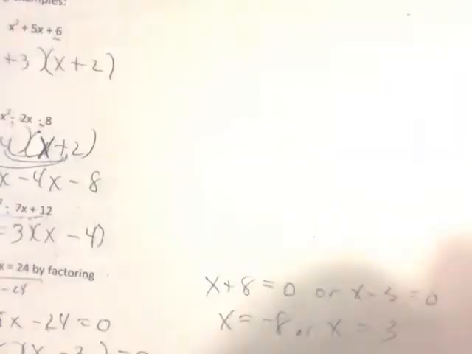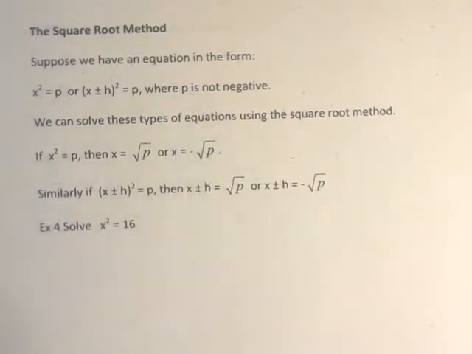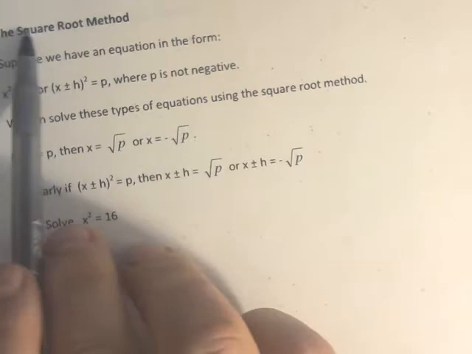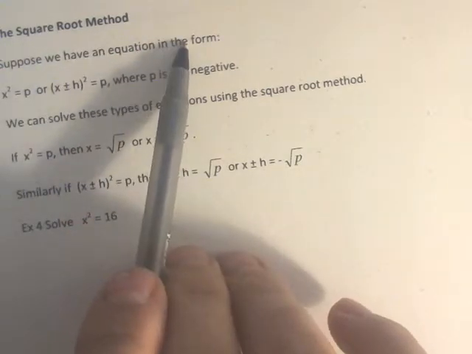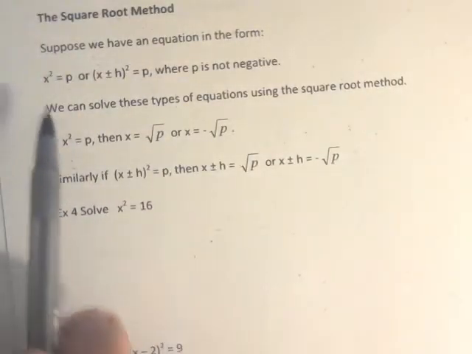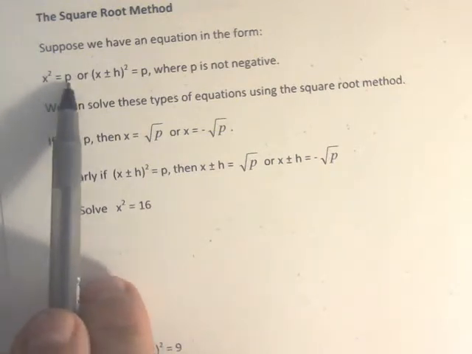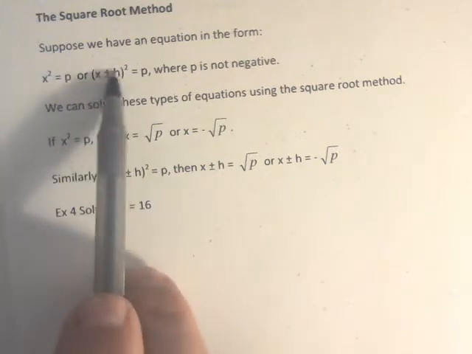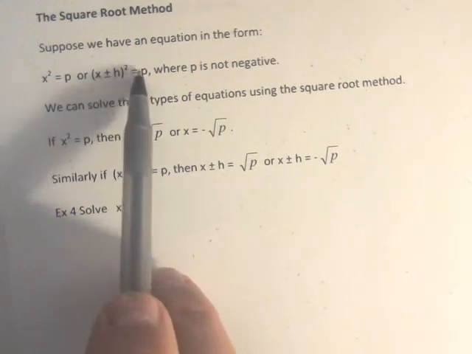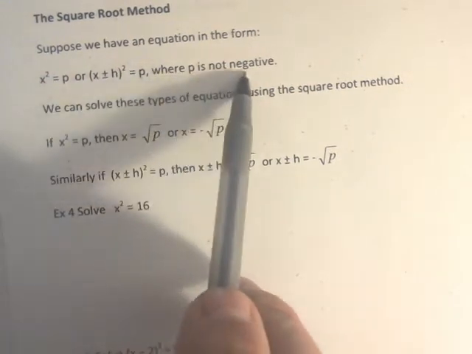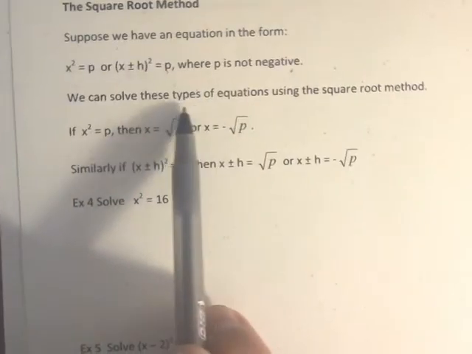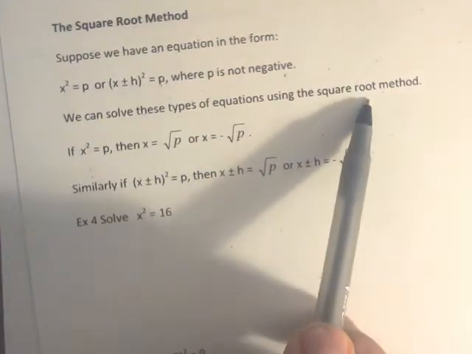Okay, so that's solving by factoring. That's one method we can look at. Another method we can look at is the square root method. Suppose we have an equation in the form where you have x squared is some number, or you have a term inside parentheses squared is some number, again where p is not negative, then we can use the square root method.